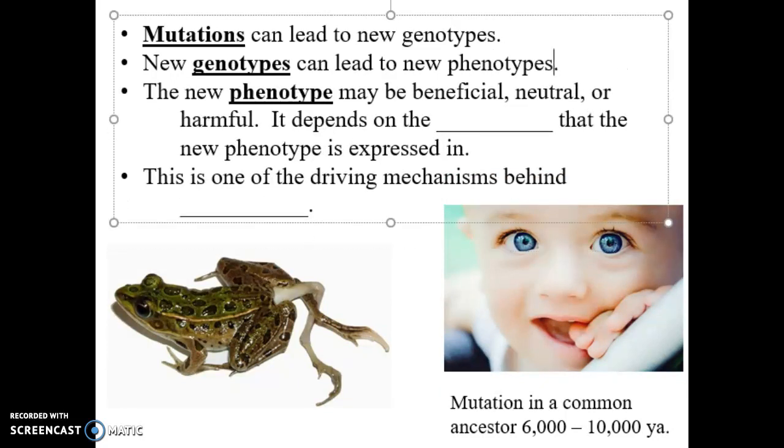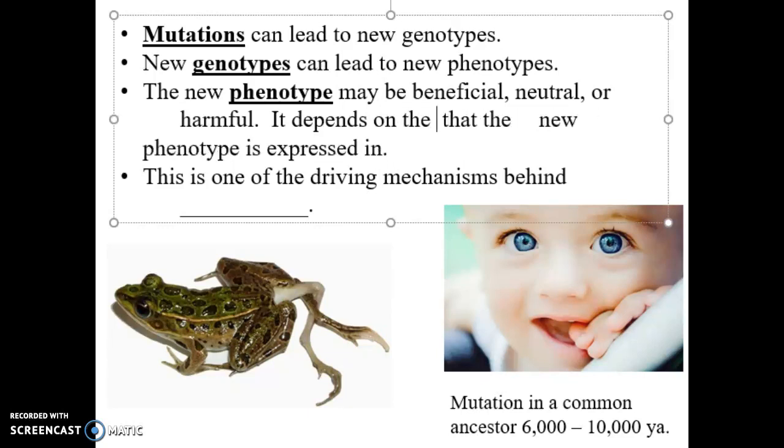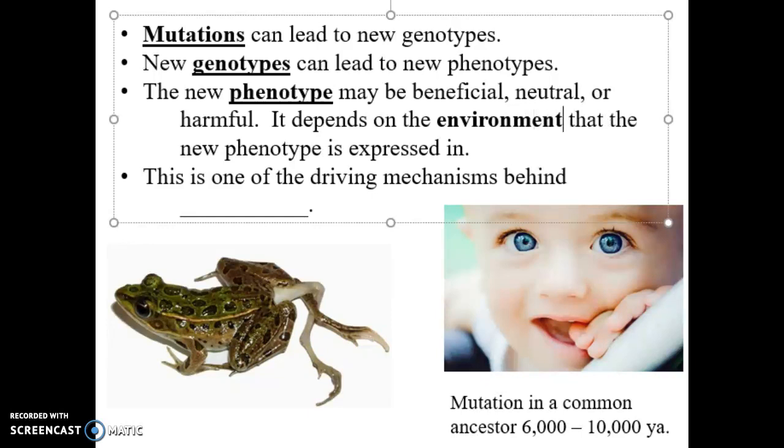So now you have this new trait being expressed. A new phenotype can be good or beneficial. It could be neutral and really doesn't make a difference, or it could be harmful. It all depends upon, and let me do this in bold, depends upon the environment that the phenotype is expressed in.